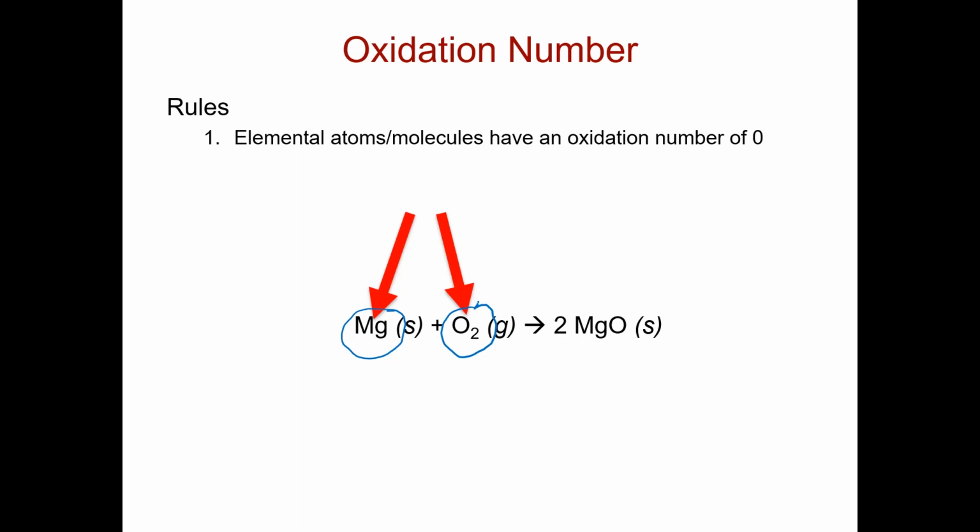So anytime you have an element by itself, whether it's an atom or a molecule, and the only time it would be a molecule is if it's a diatomic element. But whenever you have an element by itself, it has an oxidation number of 0.